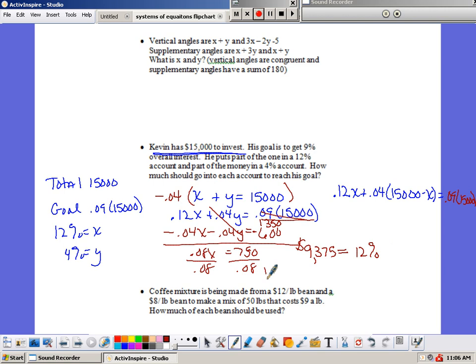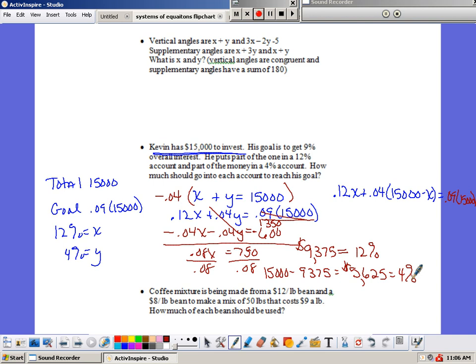That leaves me 15,000 minus 9,375 for the other account, which gives me $5,625 going into the 4% account to reach my goal.